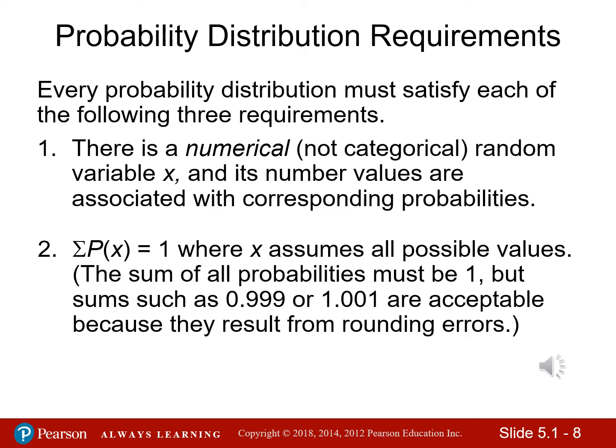Second, the sum of all of those possible probabilities is equal to 1, where x assumes all possible values. The sum of all probabilities must be 1, but sometimes the sums will equal 0.999 or 1.001 due to rounding errors, and these are acceptable results.